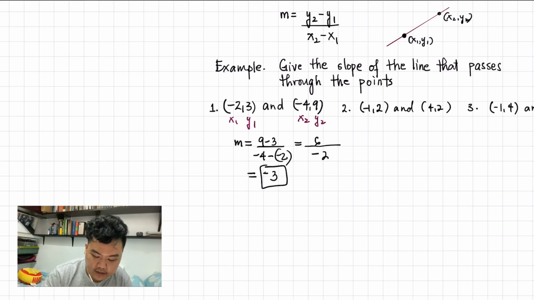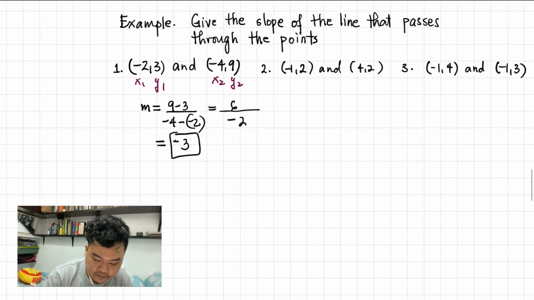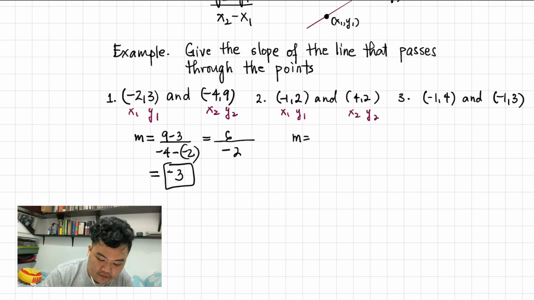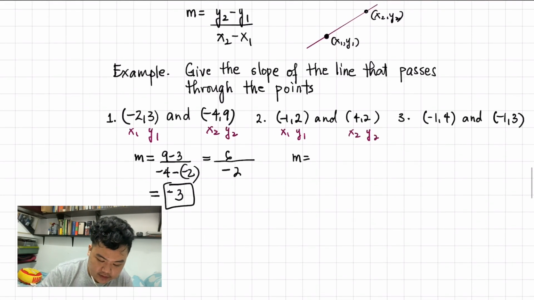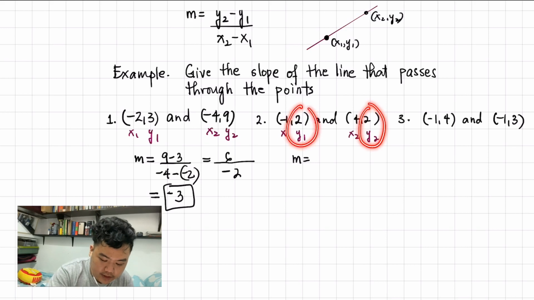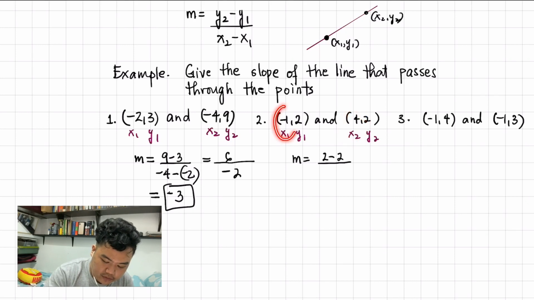Okay, number 2. Let's call this one (x1, y1), while this is (x2, y2). Let us compute for the slope. According to our formula, y2 minus y1 is 2 minus 2, divided by x2 minus x1.